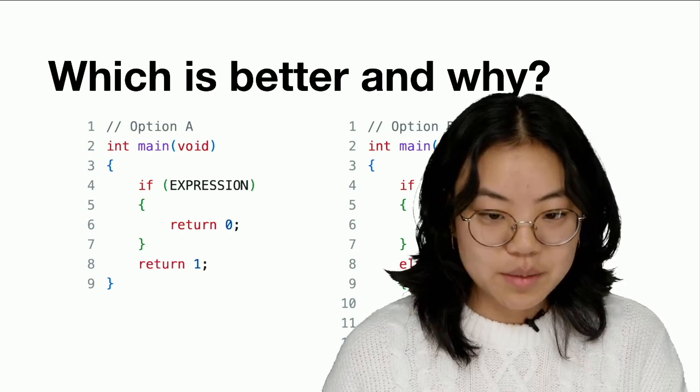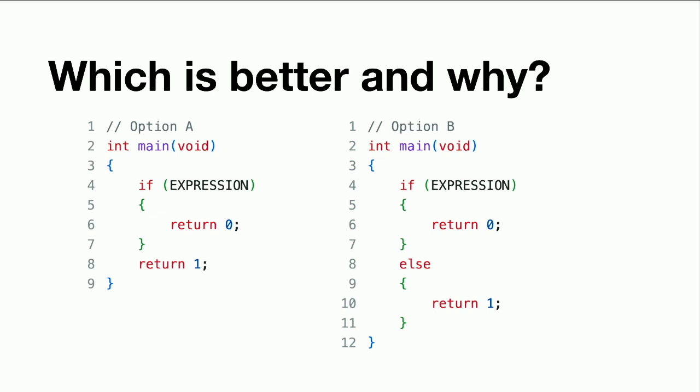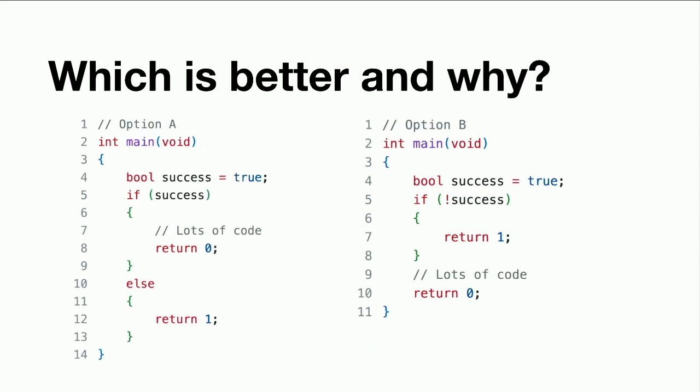And the other option, option B, we're still checking that expression, but in the case that the expression is not true, we're also adding an else case here. But the else case, as people are saying, is redundant because you're not going to reach that in any other case. And so no matter what, we're going to be returning 1, and so it's not necessary to have that extra case. Okay, how about this next one?